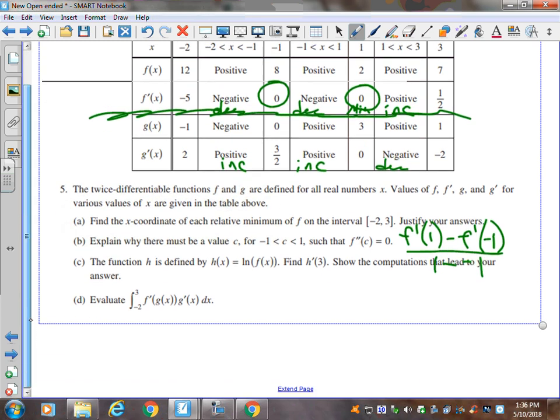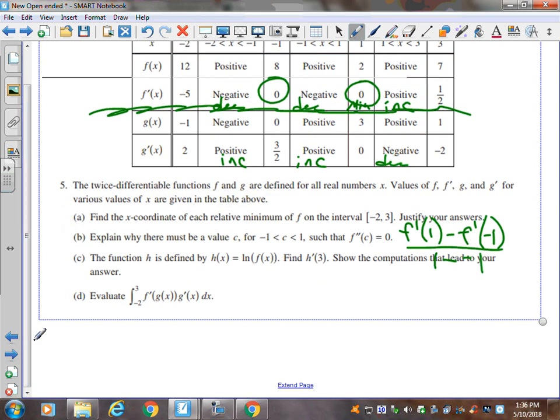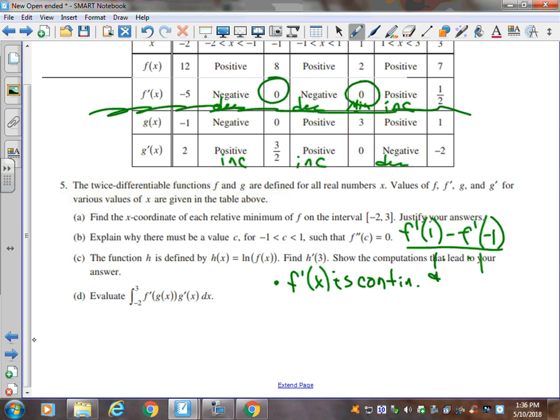So let's talk about how you would show the work for this. Number 1, you would say f prime of x is continuous, and differentiable, on the interval from negative 1 to positive 1.